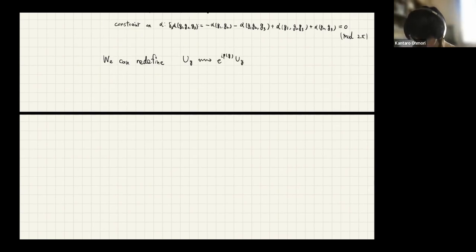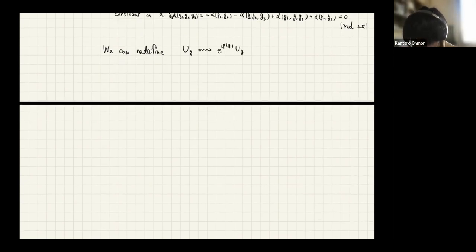If you do that, then alpha(G1, G2) becomes alpha(G1, G2) plus beta(G1, G2) minus beta(G1) minus beta(G2).